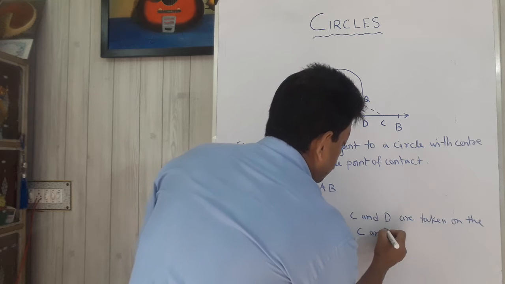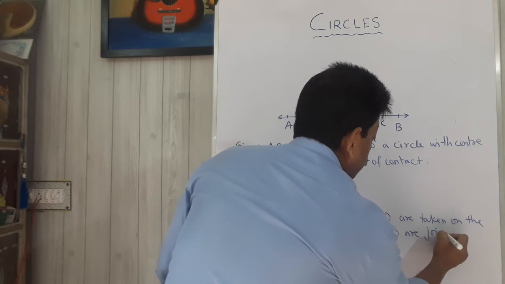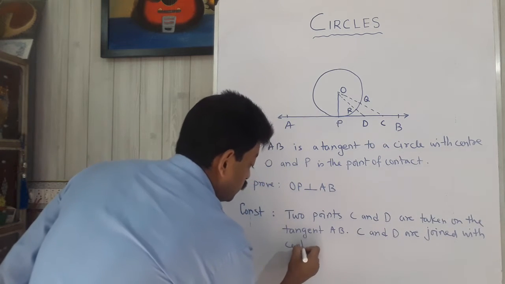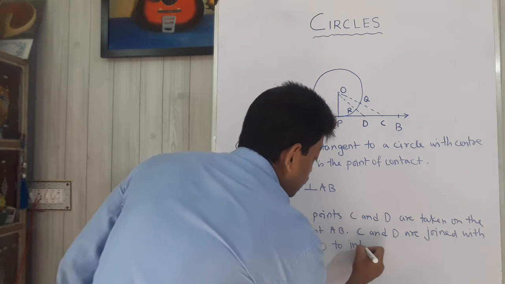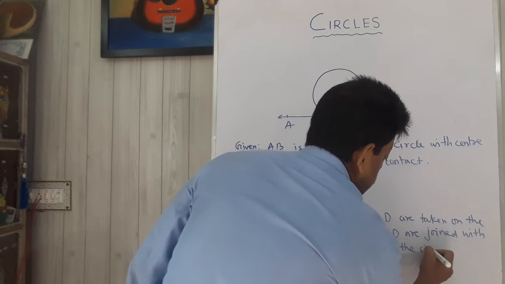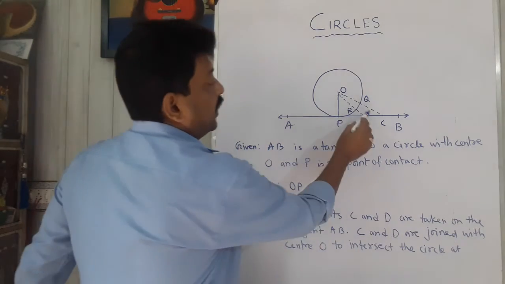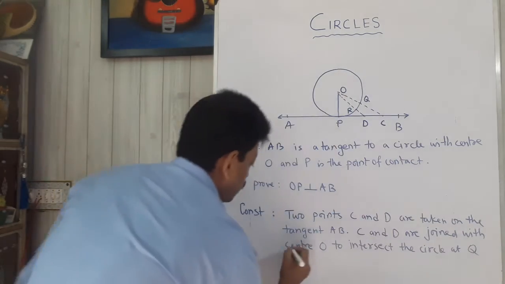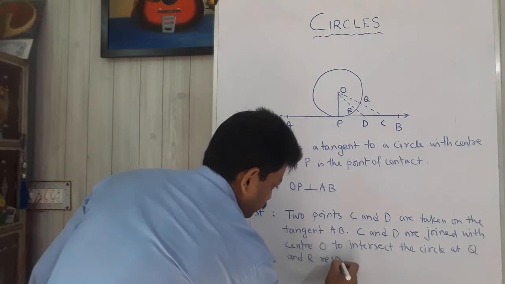C and D are joined with the center O to intersect the circle at Q and R respectively.